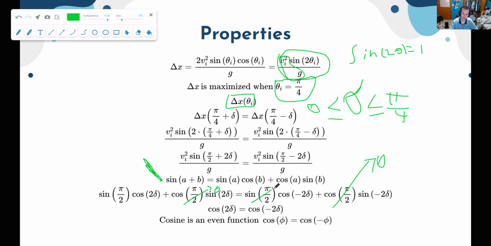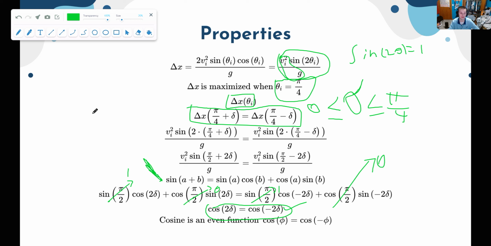And then the sine of pi over 2 is 1. So it leaves us with cosine of 2 delta is equal to the cosine of negative 2 delta. Because cosine is an even function, where the cosine of phi is equal to the cosine of negative phi, these are indeed equal. This checks out. So these two expressions are equal.